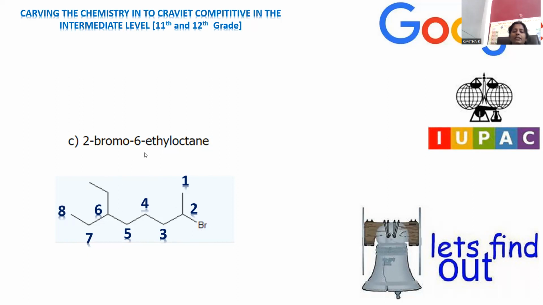Ethyl is located on the 6th carbon, so 6-ethyl is to be mentioned. And the parent chain will be 8 carbons in length without any double or triple bond, so octane. 8 carbons denotes octa, and being saturated, with no double bond or triple bond, ane will be the suffix. The entire name will become 2-bromo 6-ethyl octane.